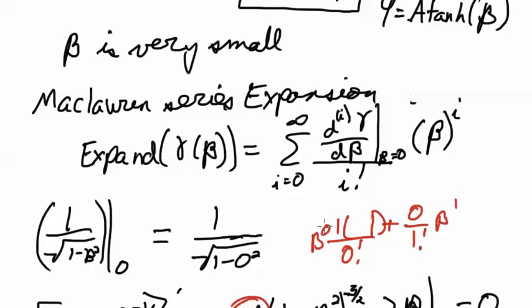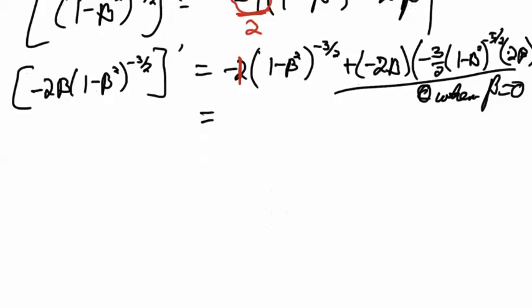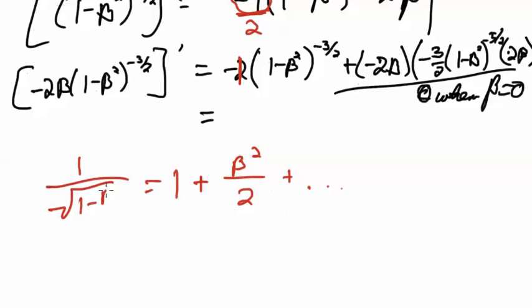And then the last part is 1 over 2 factorial times beta squared. So with the first, second, and third derivatives in there, this expands to 1 plus beta squared over 2, and this is what 1 over square root of 1 minus beta squared is.